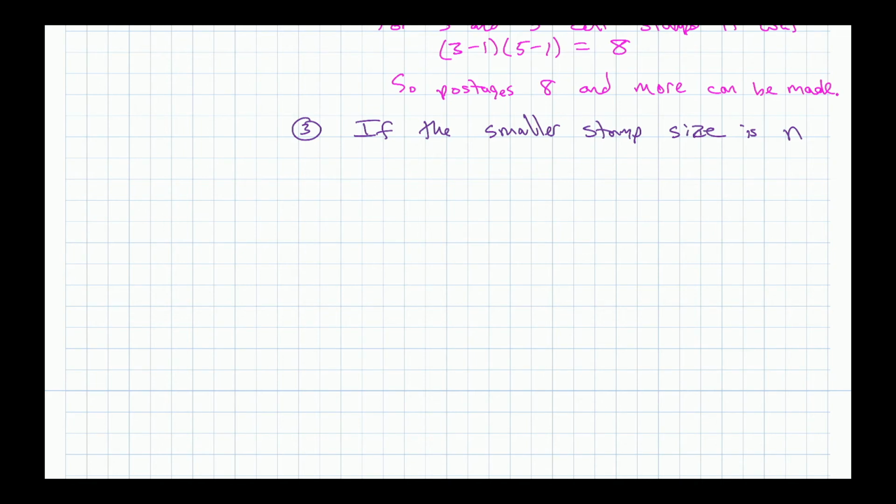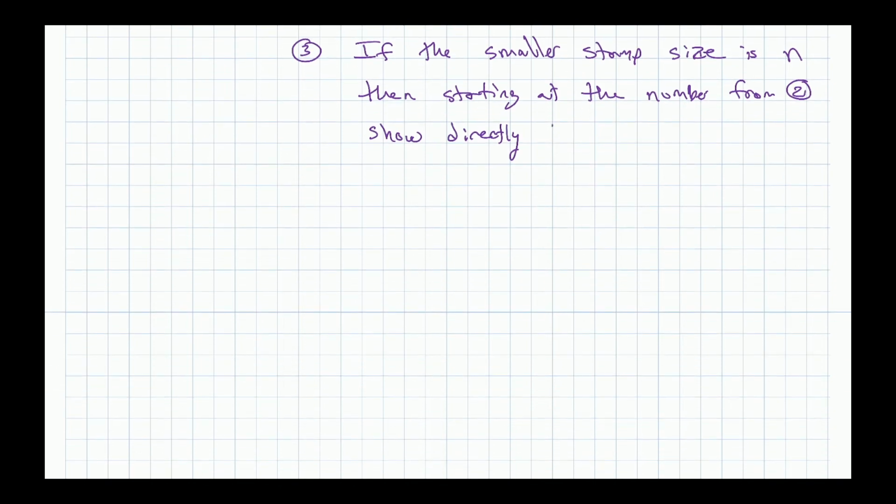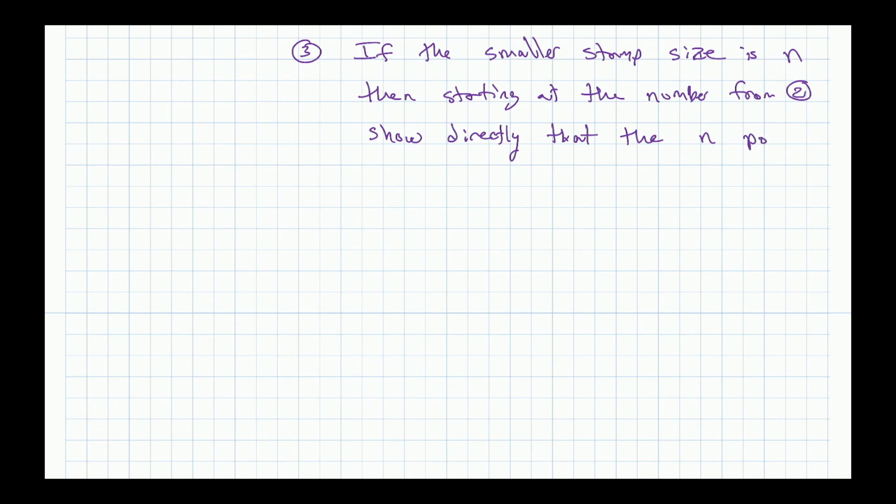So if the smaller stamp size is n, then starting at the value from part 2, the number from 2, show directly, that's by hand, that the next n postages can be made.